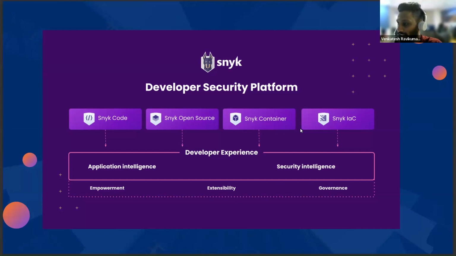Snyk Container, if you have container image files in your project, also scans that. And IaC is infrastructure as code, that we do in the cloud setup. If any configuration issue is there, it also checks that.